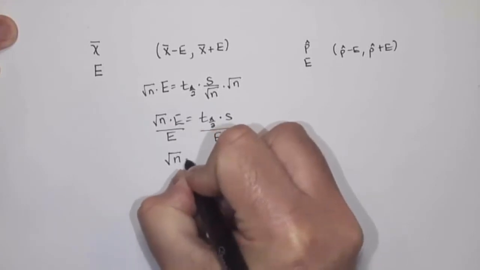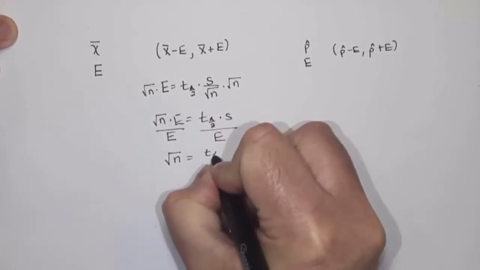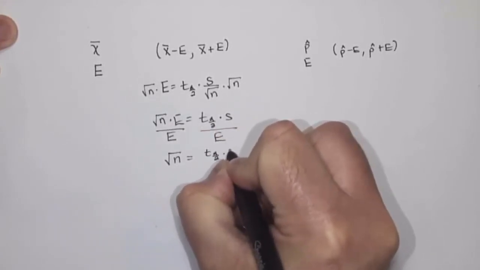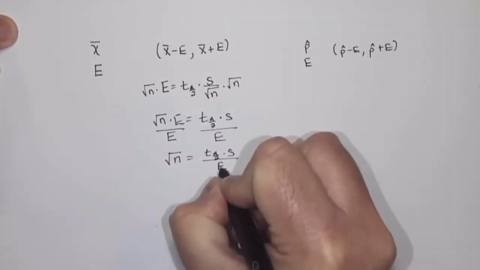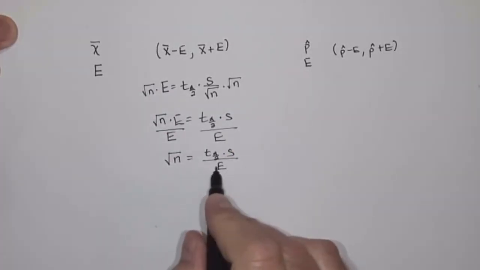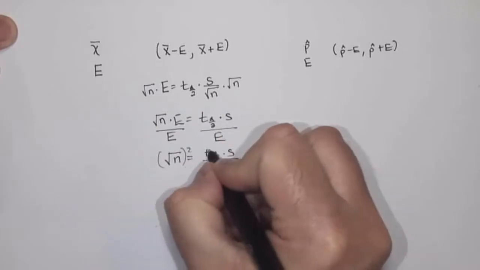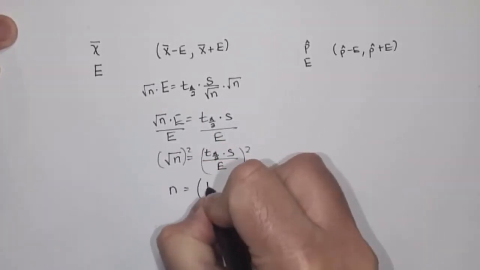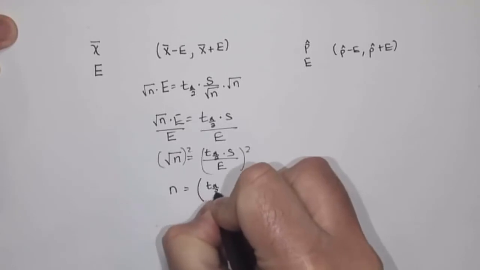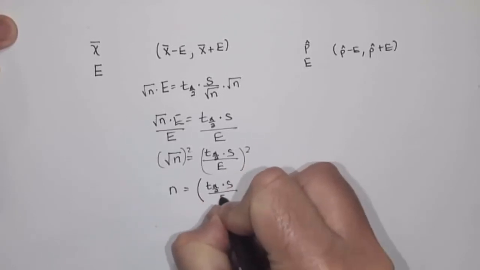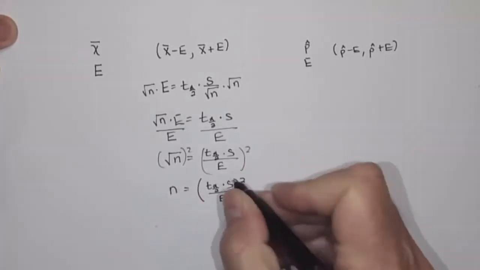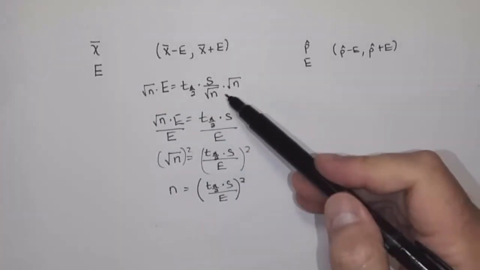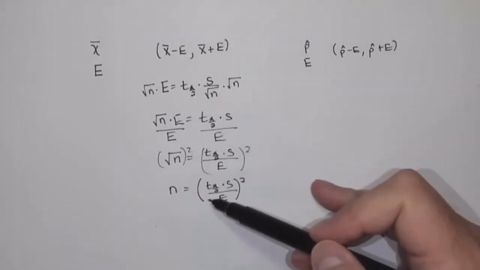Then the square root of n is going to equal t sub alpha over 2 times s divided by e. And finally, I can square both sides. That gives me n equals t sub alpha over 2 times s divided by e, quantity squared. So again, this is just our margin of error formula solved for n.